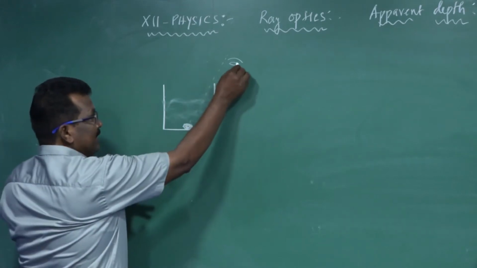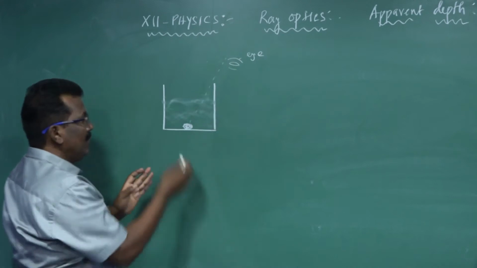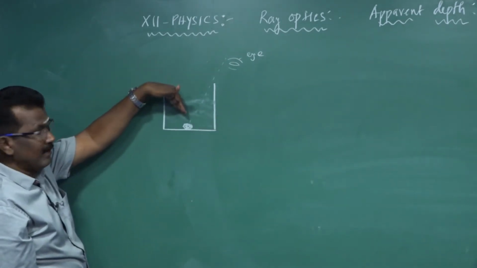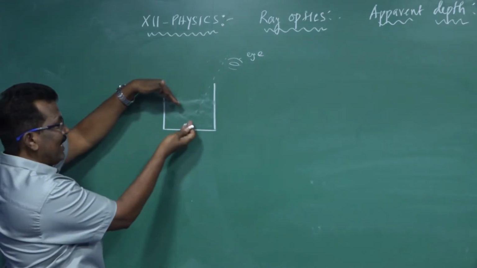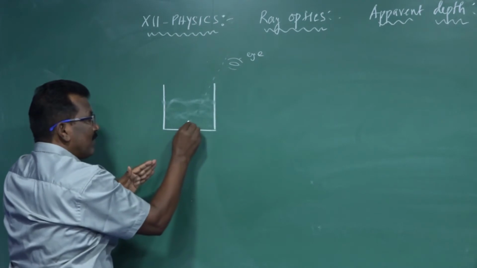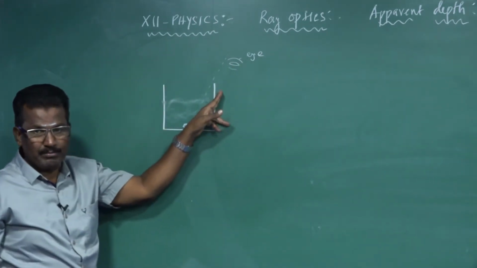But without changing the position, when water is continuously poured in the beaker and the water level rises to a certain level, you can see the object from the beaker even though you are not changing the position.